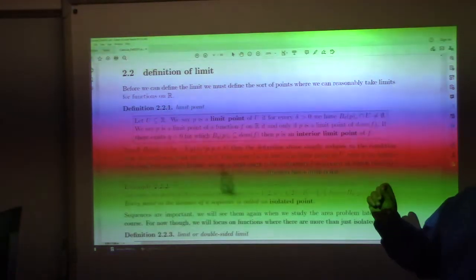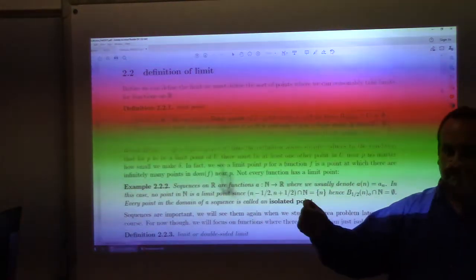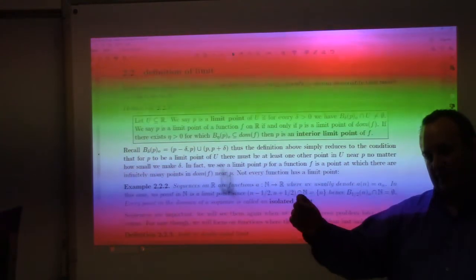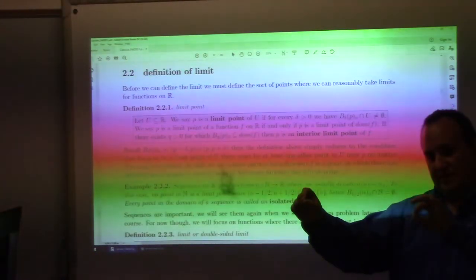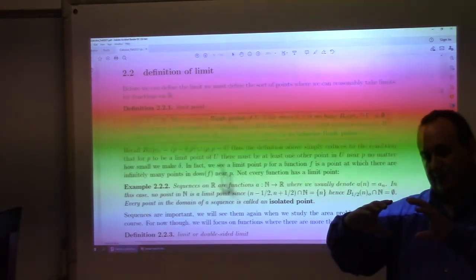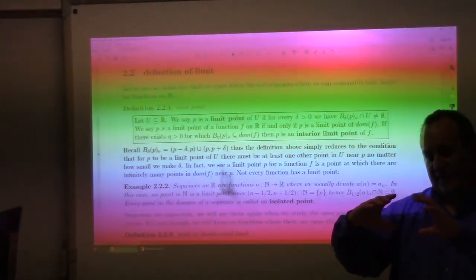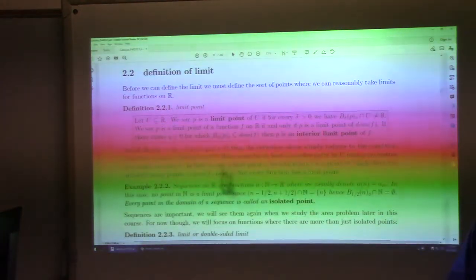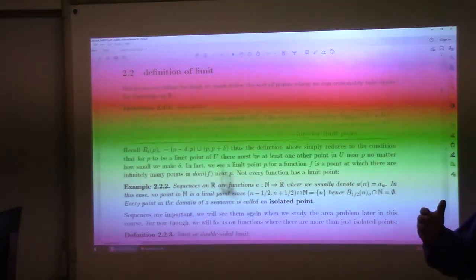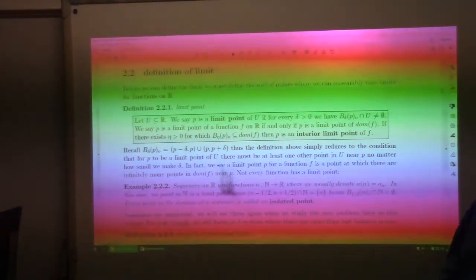So the points in the domain are separated, like 1, 2, 3, and those points are not limit points, because if you take a ball around 1, there's nothing else in the domain for a sequence. So that kind of falls outside our scope here. We're looking at functions of a real variable, not so much sequences, okay?